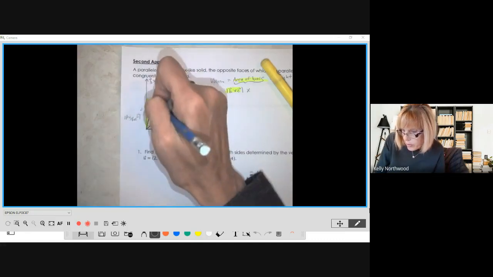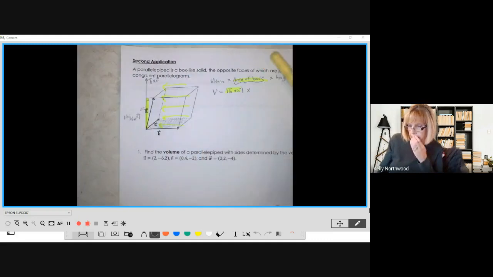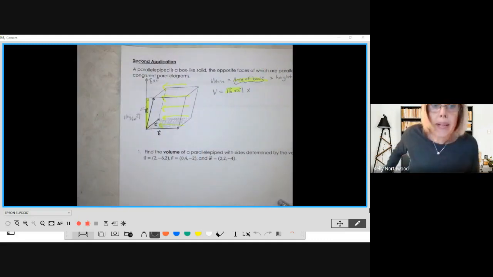And it also turns out to be the height of the parallelepiped.